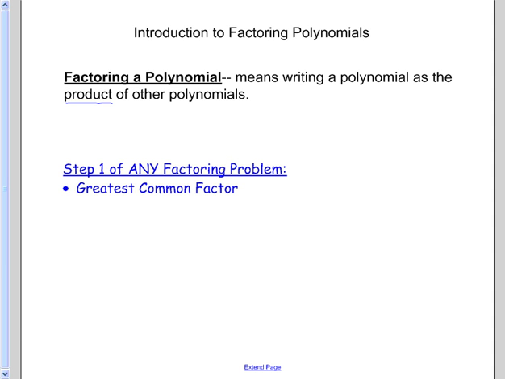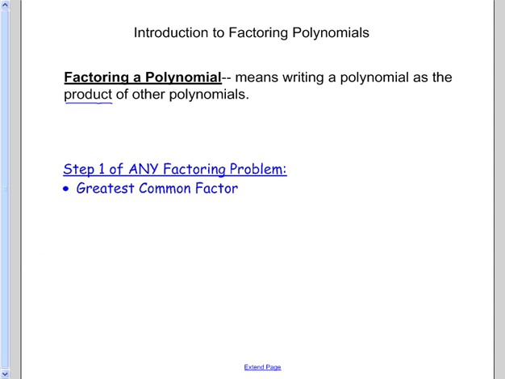So you're going to take a binomial, trinomial, or any polynomial, and you're going to break it down into factors that will multiply back to equal the original polynomial. As we look at more examples, hopefully this definition will become more clear to you.